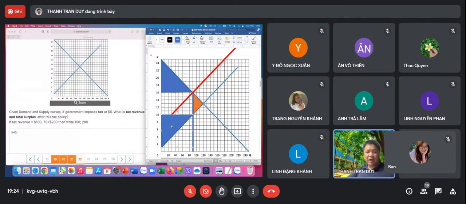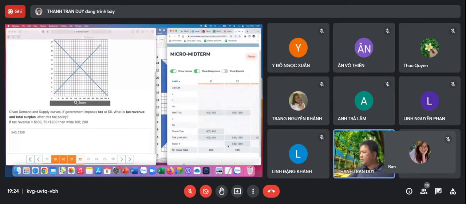So this one plus this one is 405, and then 810. 810 plus 540 equal to 1350, right? Is it okay with this?